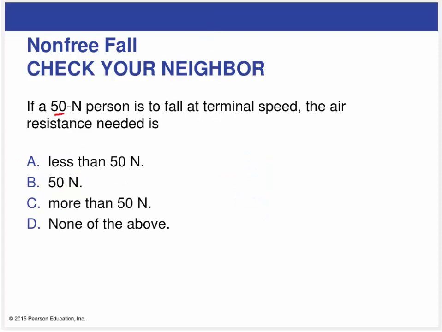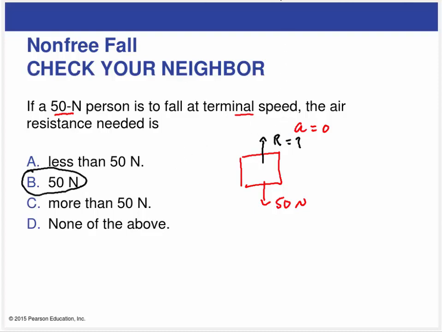If a 50 Newton person were to fall at a terminal speed, we know the acceleration is equal to 0. Then the question is what does this force have to be equal to? It has to be exactly 50 newtons.